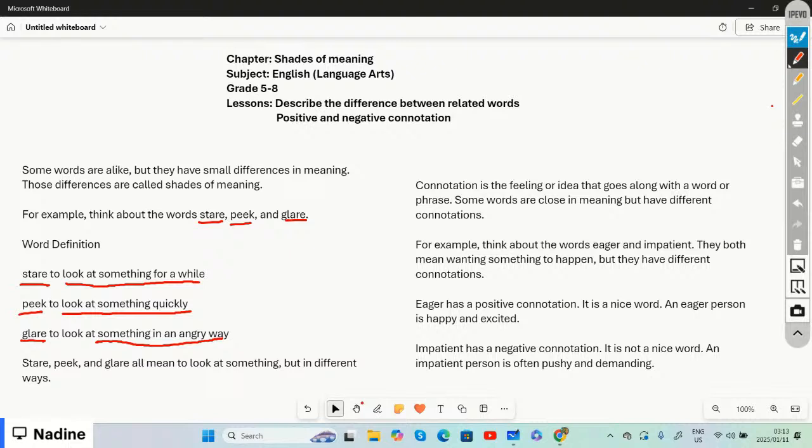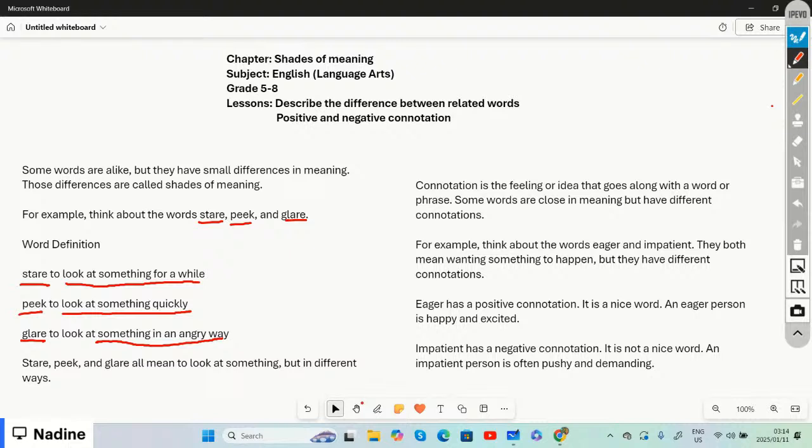You're staring at the chocolate, wondering when is mom going to open it? When is mom going to offer me? So I stare at the chocolate cake. I'm staring at something. You're looking at something for a while. So if you look at all three of these words, which is stare, peek, and glare, they might seem as if the words are the same, but they have slight differences in meaning.